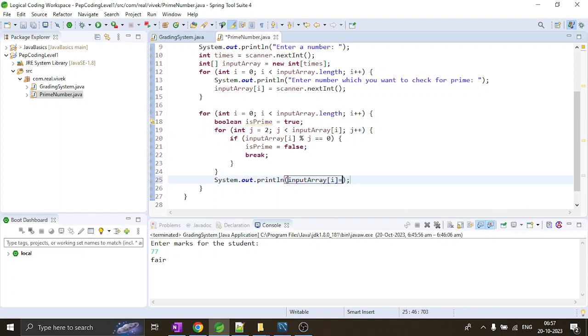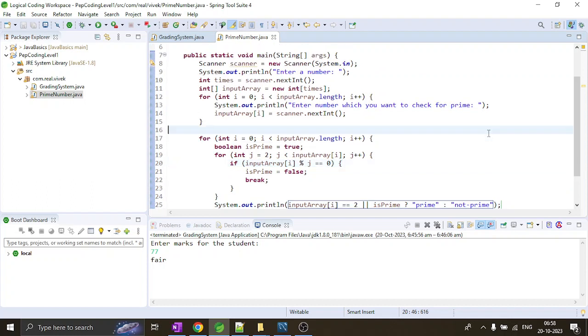Input array is equal to true, or isPrime is true, then we have to print prime, right? Else we have to print, oops, my bad, not prime.